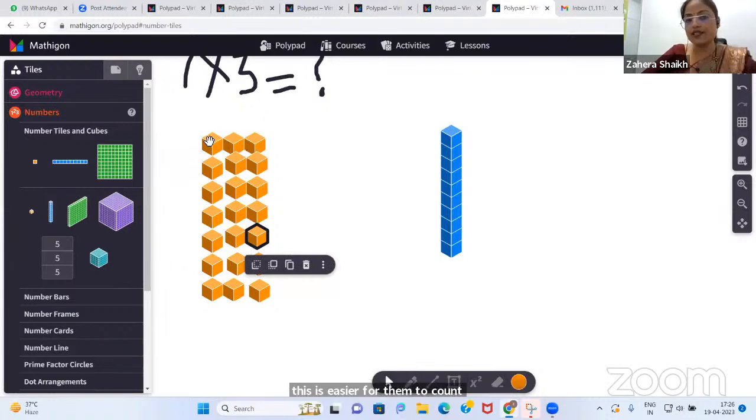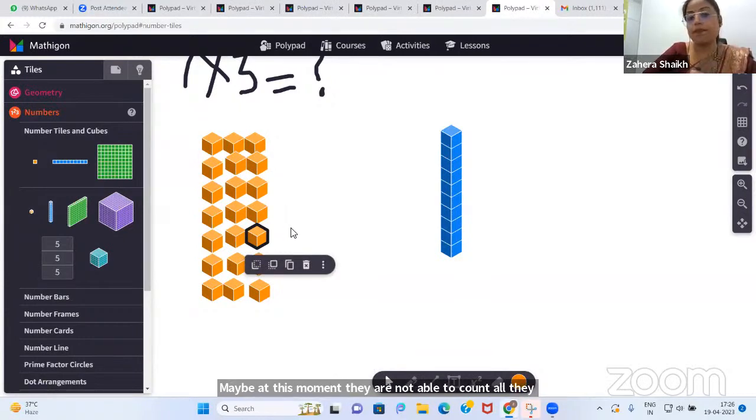There are 7 groups with 3 objects in each group. Maybe at this moment they are not able to count all. They have already placed all the cubes in form, but maybe they are not able to count it properly because we have already told them that whenever you are going to represent any number, the unitization should be done. So now they have to make sense out of it.